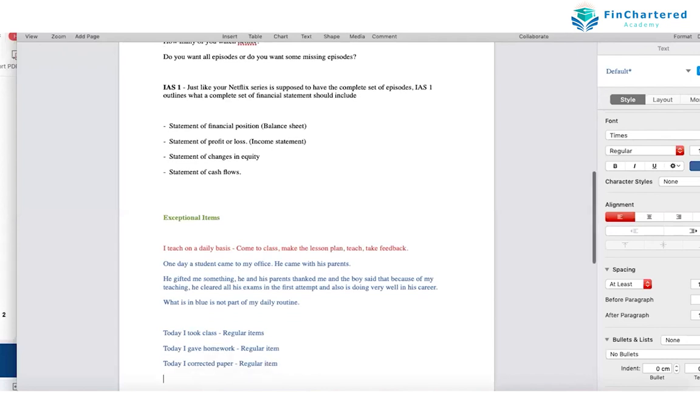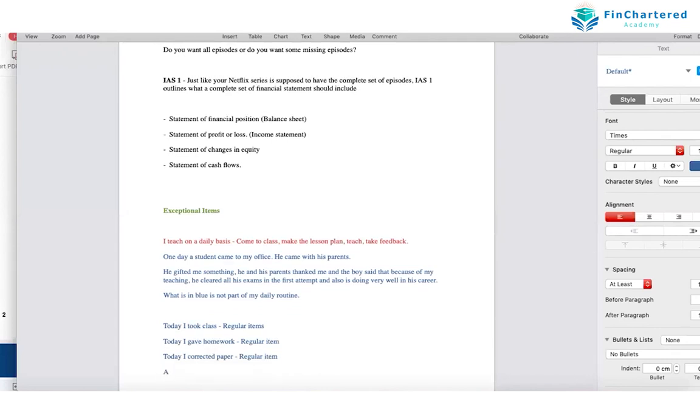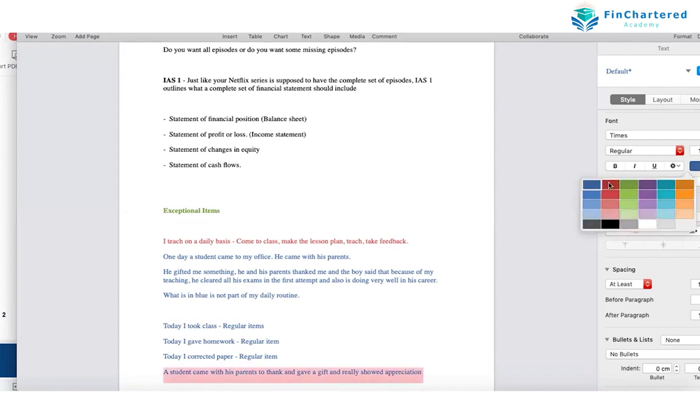But today, a student came with his parents to thank me and gave a gift and really showed his appreciation. This is not something which happens regularly. This is an exceptional thing that has happened today.